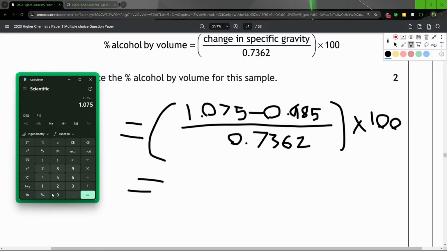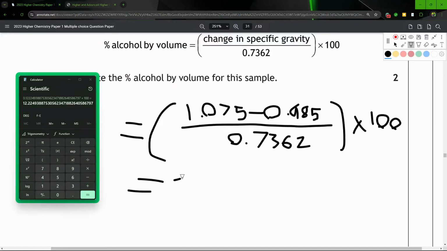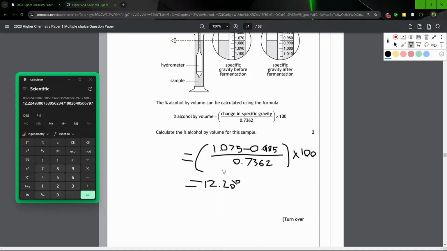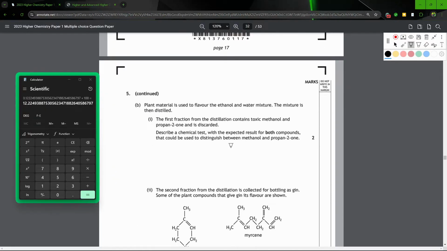We get 0.09, divide by 0.7362. Get this number, and we're going to times by 100. And we're going to get 12.2%, which is alcohol per volume, but doesn't need anything else.